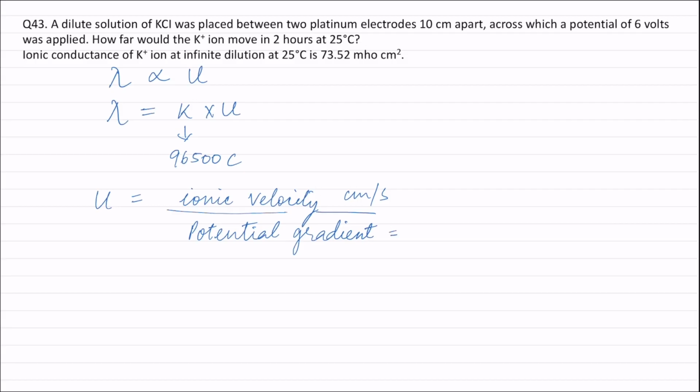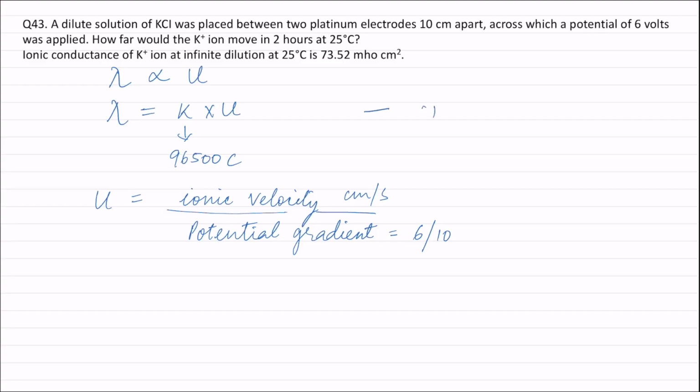Potential gradient is equal to potential difference, which is given as 6 volts in this question, divided by distance between the electrodes, which is given as 10 centimeter. Equivalent ionic conductance equals 96500 coulombs into ionic mobility.